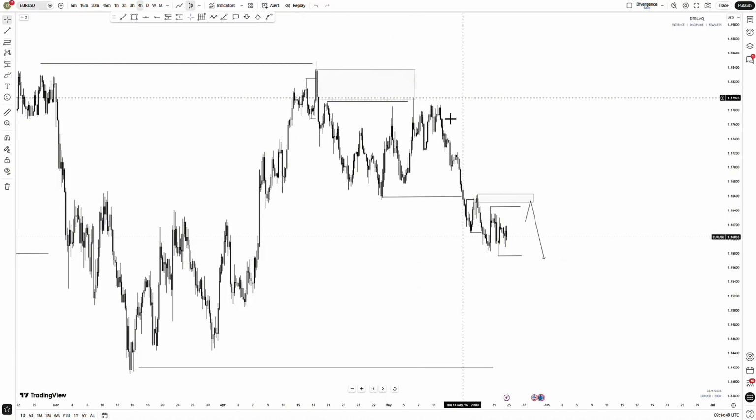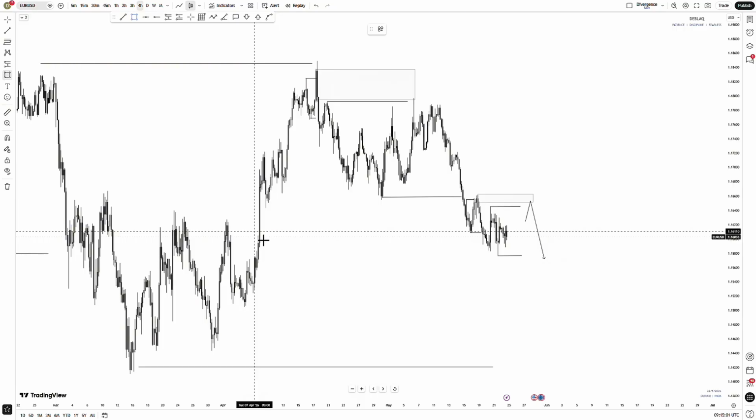I took the first trade on Monday on Euro USD. I think every weekend I will be dropping a breakdown of every trade I take during that week, and that is what I'm going to be doing.